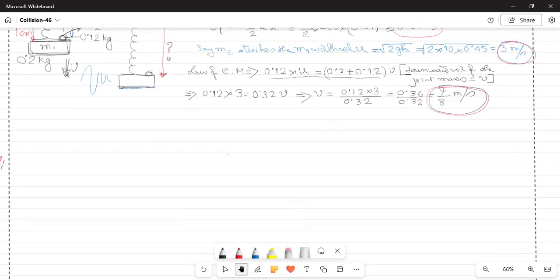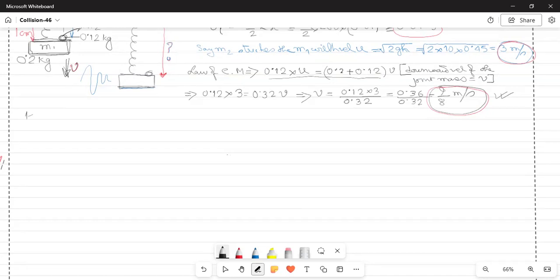Now we have got the mass, and we have got the velocity v with which the joint body starts dropping down. Now, what is the kinetic energy of the joint mass immediately after impact? The velocity of the joint mass is 9 by 8 meter per second. Then what is the kinetic energy of this joint mass?